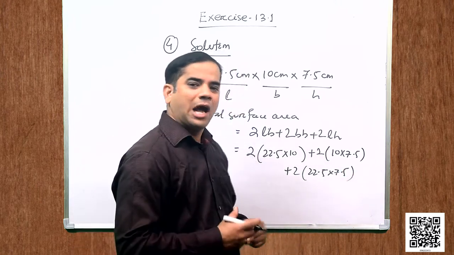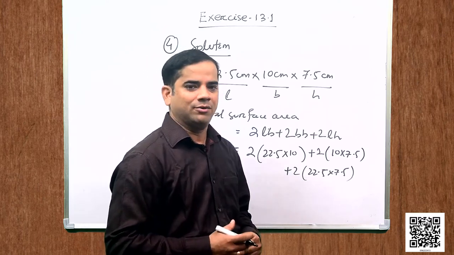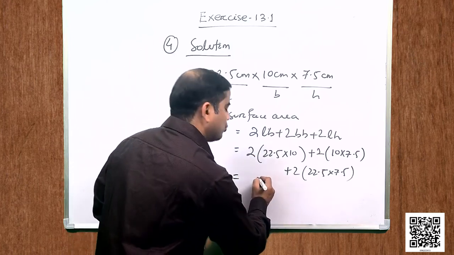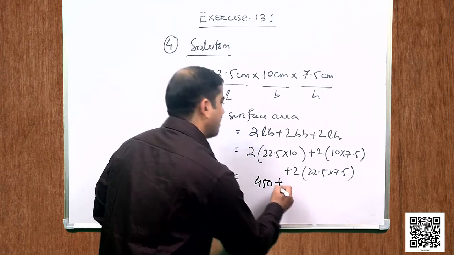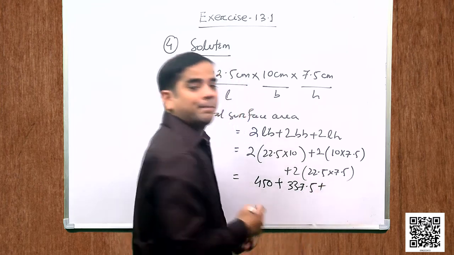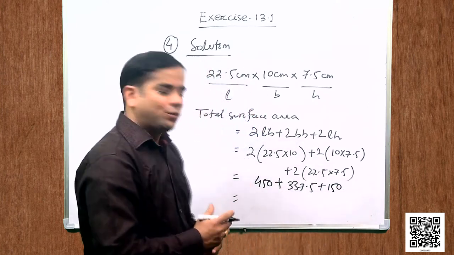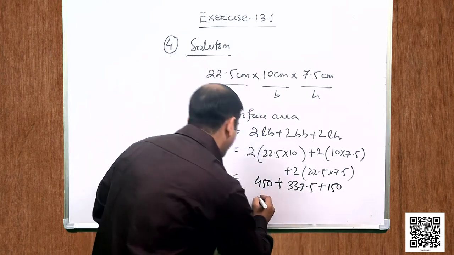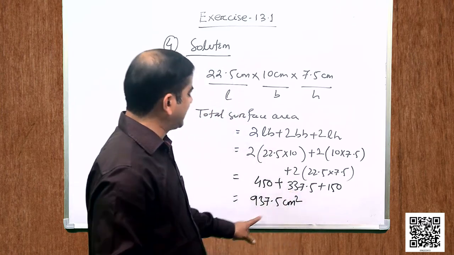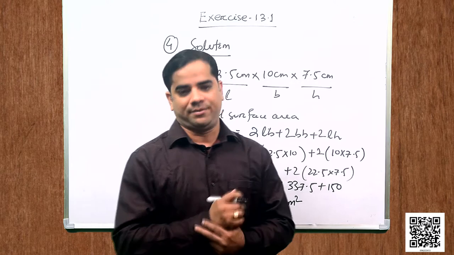Now we need to calculate and find out the total surface area of each brick. After calculation you can find that this amounts to 450 plus 337.5 plus 150, which will sum up to 937.5 centimeter square. So 937.5 centimeter square is the total surface area of each brick.